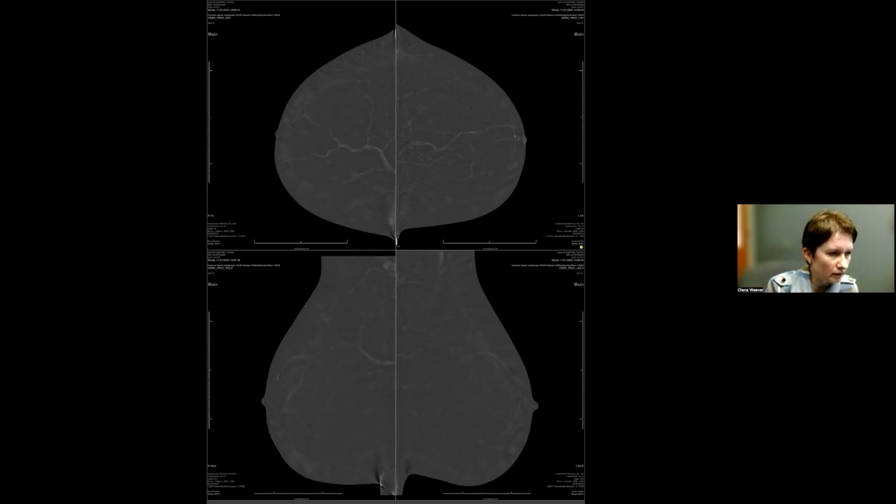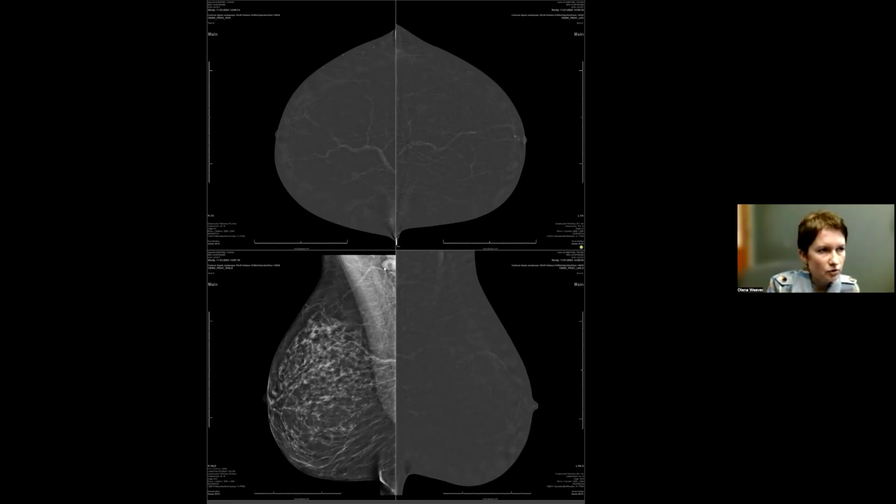Maybe here a little bit in the lower breast, but really it's a part of the background enhancement. It doesn't look like any particular finding. Here you can see in the right axilla on the MLO view, a little enhancing lymph node. And if you look back at your low energy image, that's the lymph node we are talking about.